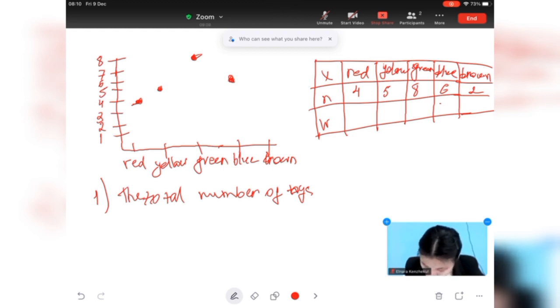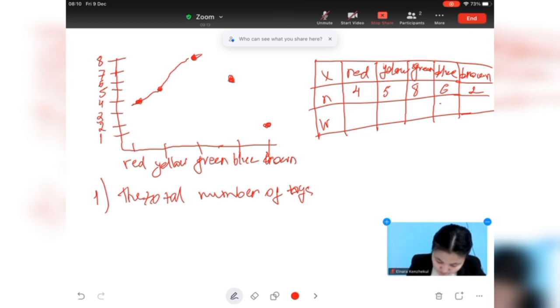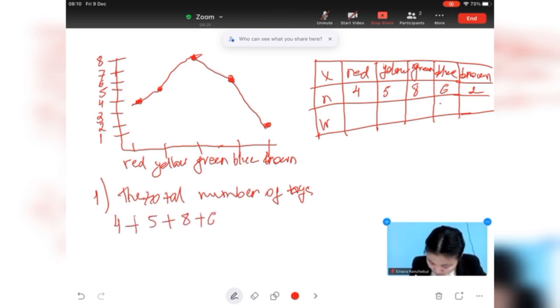Blue is 6. And brown 2. Total: 4 plus 5 plus 8 plus 6 plus 2 equals 25.